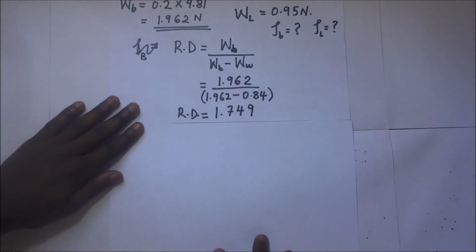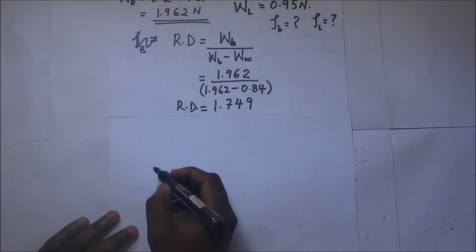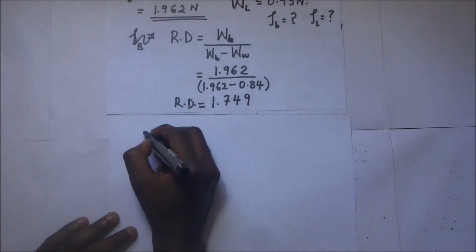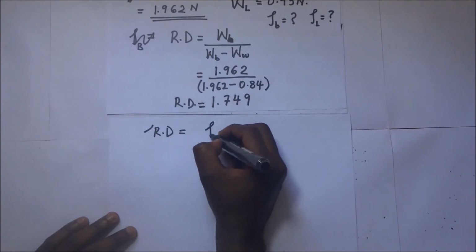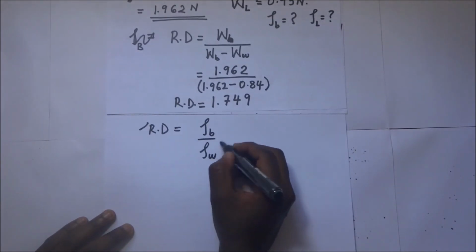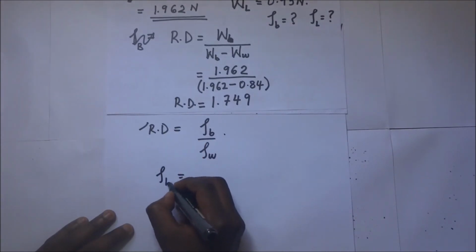Now that we have the relative density of the block, we can go ahead and find the density of the block itself. We know that relative density is also given by the density of the block over the density of water. Since we want the density of the block, we make it the subject of the formula.